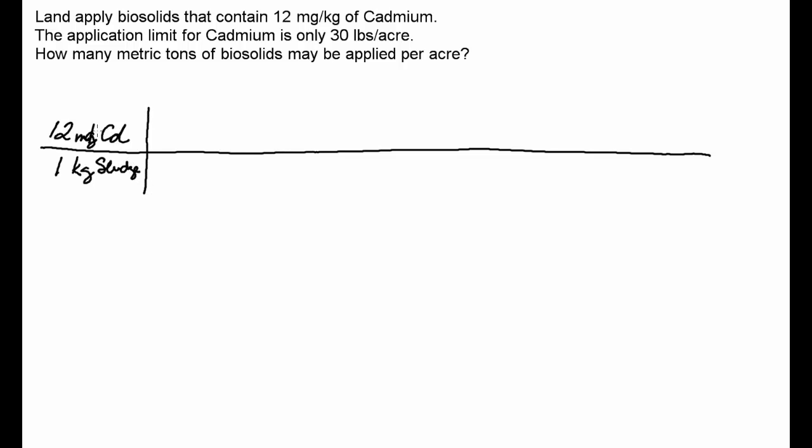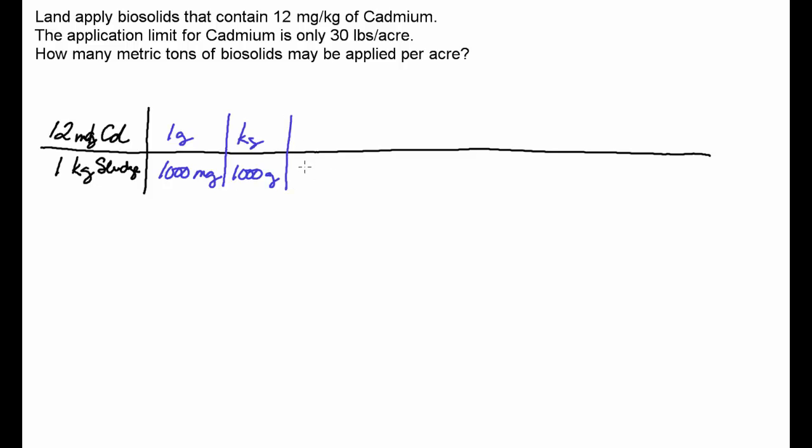So we're going to convert cadmium first, and I'm going to change pen color just to make it easier to tell where we're going. So we want to get from milligrams to pounds. Okay, so 12 milligrams of cadmium. There's 1,000 milligrams in 1 gram. And then there's 1,000 grams in a kilogram.